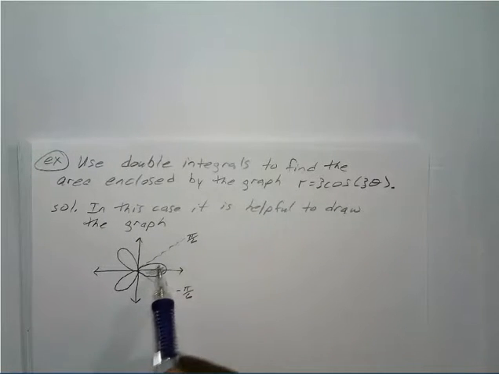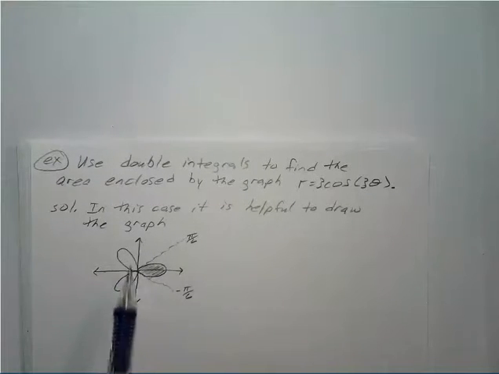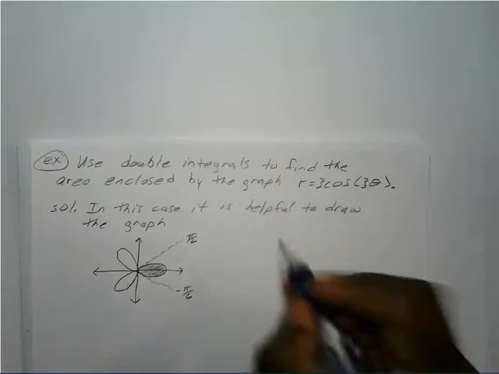So if all 3 are the same size, you can just find the area of one petal and multiply it by 3. If we can find the area of this one petal, we're good.